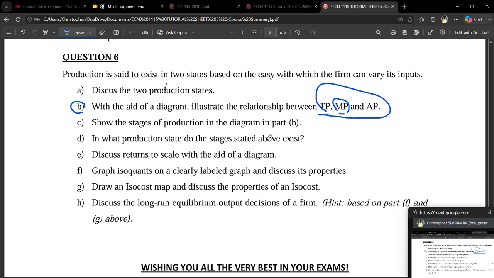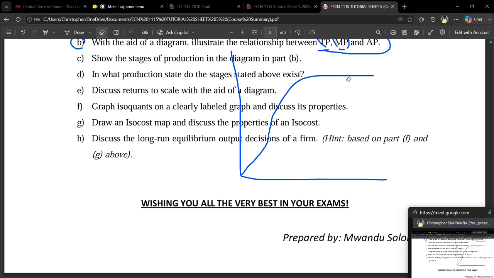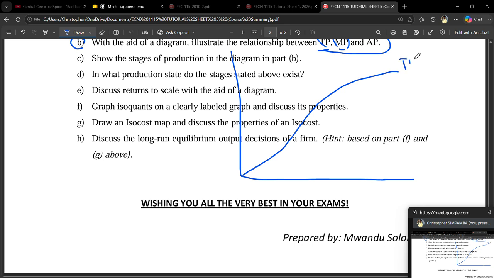With the aid of a diagram, we can draw something like this. Of course, we don't have a board where we can draw something clean, but the total product will go like that.